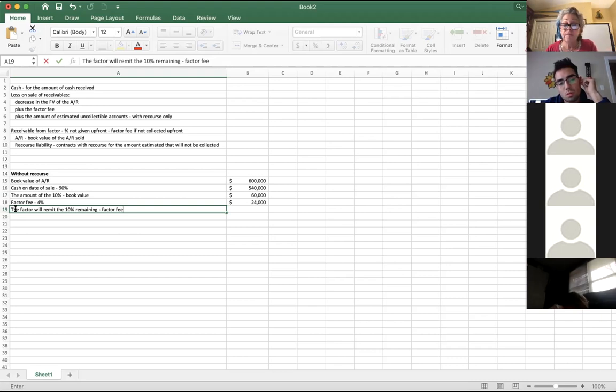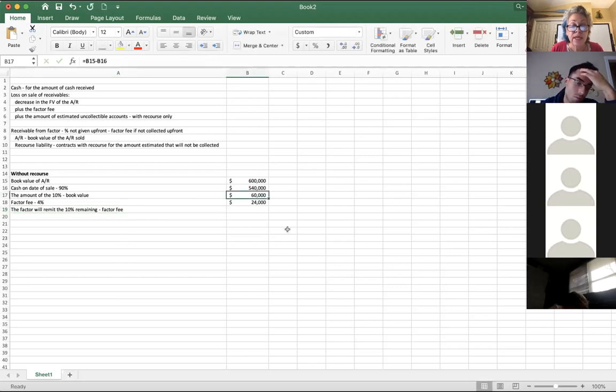Now, what was the book value of the remaining 10%? 60,000. So the book value of the remaining 10% is 60,000. What is the fair value of the 60,000?